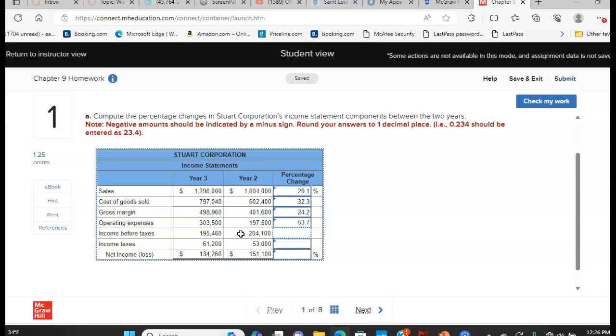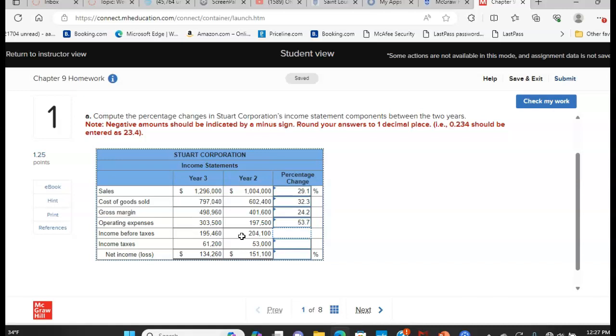Now for year 2, notice that the income before taxes actually went down. It was 204,100. Now it is 195,460. So now we're going to still take the 204,100 and this time minus the 195,460, a difference of 8,640.